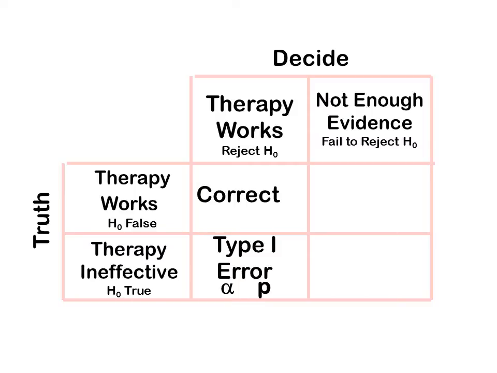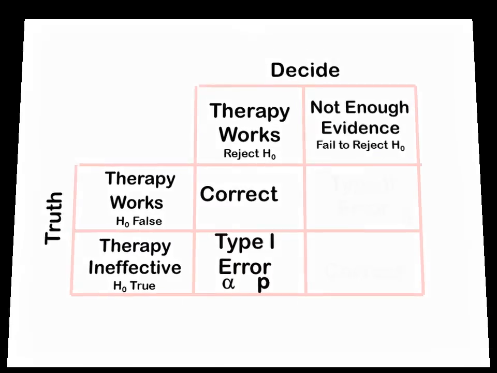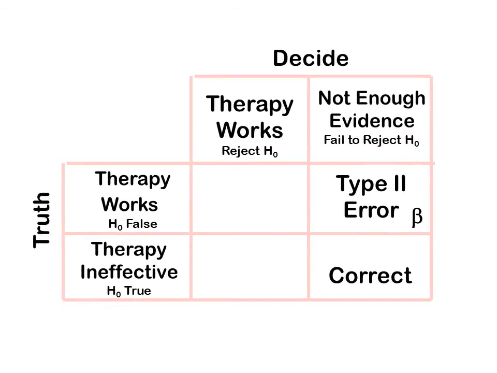On the other hand, if we decide there's not enough evidence and we fail to reject H0, and if in fact the H0 is true, that is, that it's purely coincidence if our subjects differ from the expected value, then the therapy is ineffective and we've made a correct decision.